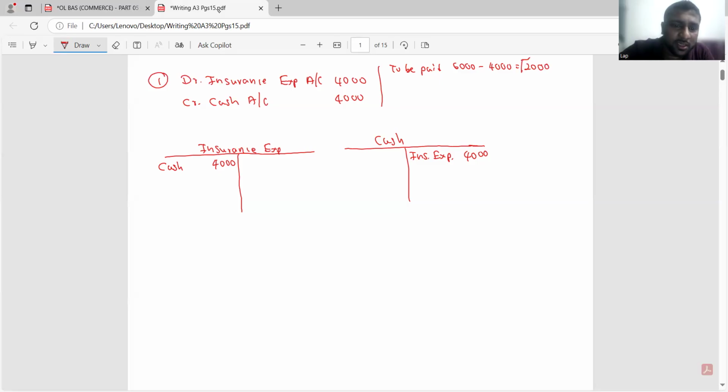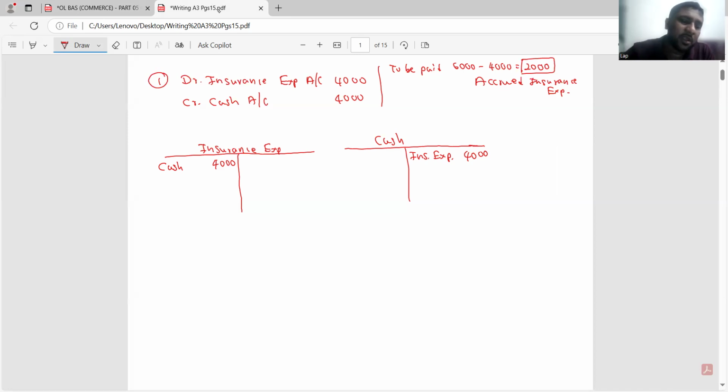So this 2,000 is what we will call accrued insurance expense. We have to pay it later. Someday we should pay it. So until we pay it, it's a liability for us.